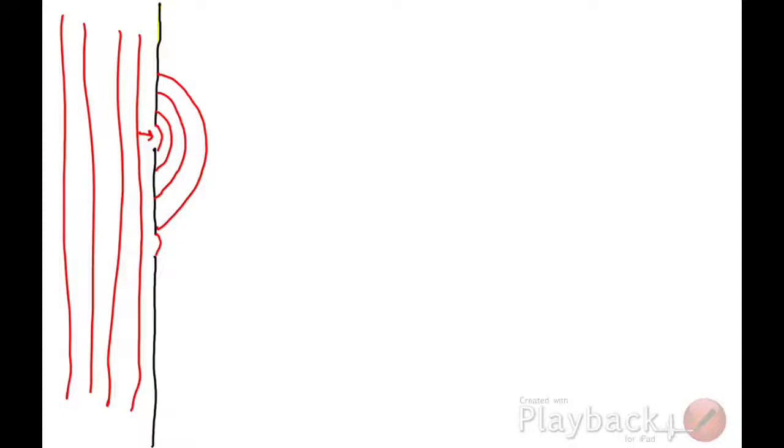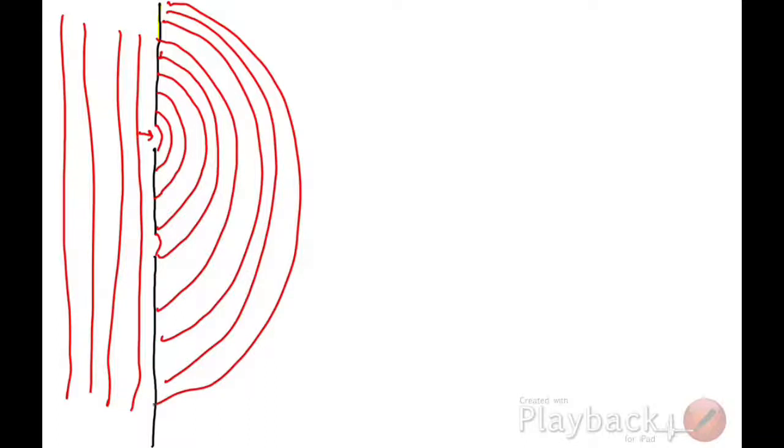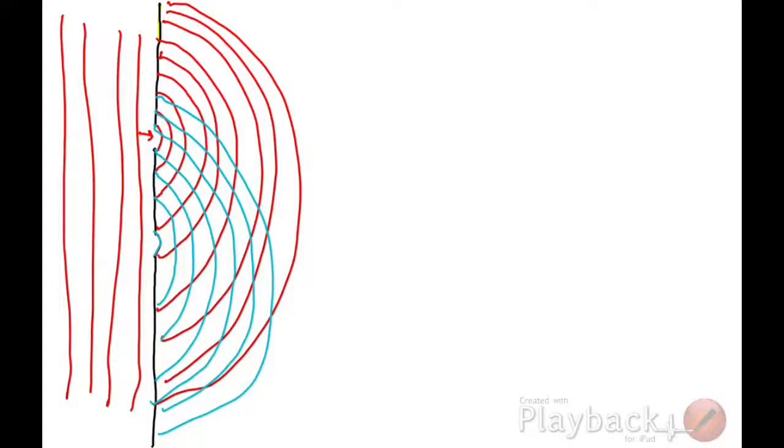So I'm going to show that the wave is actually propagating outwards by doing this. I'm going to do the same thing with the other opening here, except I'm going to do that in blue. It's still the same wave, but I just want to make it more visible that there are two openings here, and show how they interact with each other.